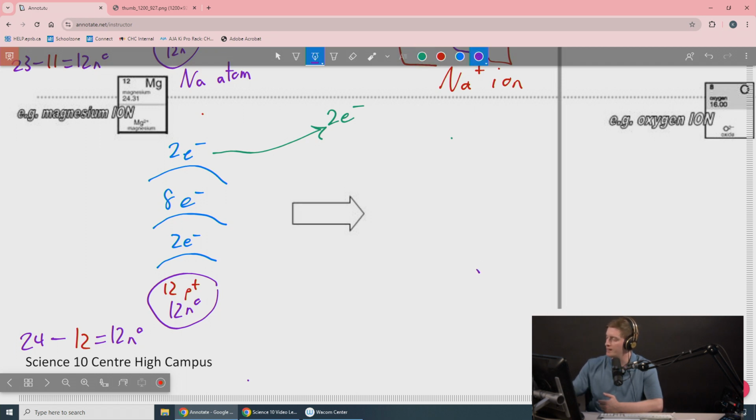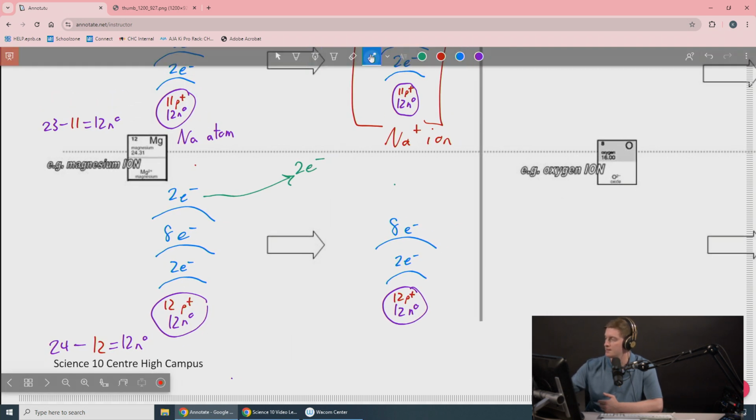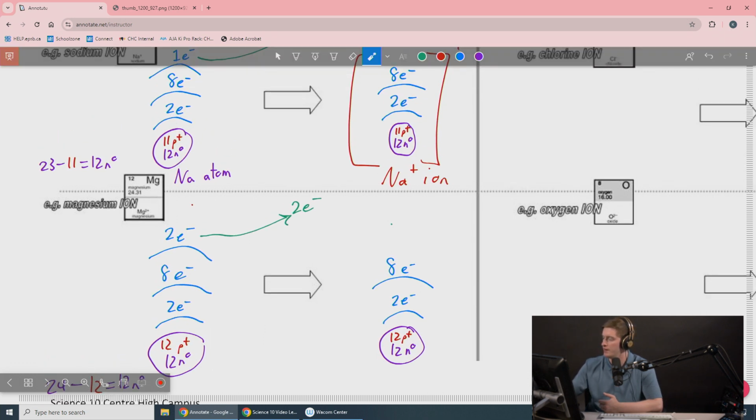When we draw our magnesium ion, we'll make our nucleus. It stays the same. But now we've lost those valence electrons, so the magnesium ion has the same electron configuration as the sodium ion. The sodium ion here has 2 electrons in the first energy level and 8 electrons in the second.